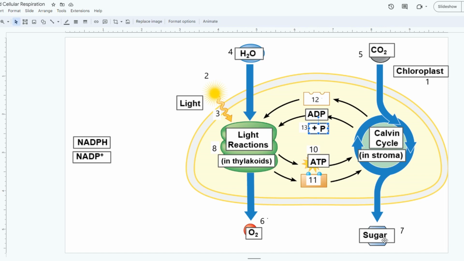The other raw material that the Calvin cycle requires in order to function and to be able to be recycled over and over again is it needs electrons. And so these electrons are carried in a little suitcase by NAD. Now the question is, does NADP plus or NADPH go down here?